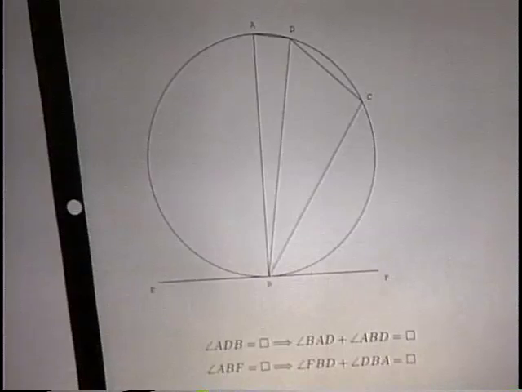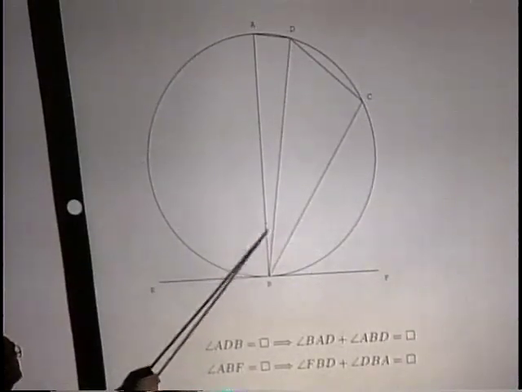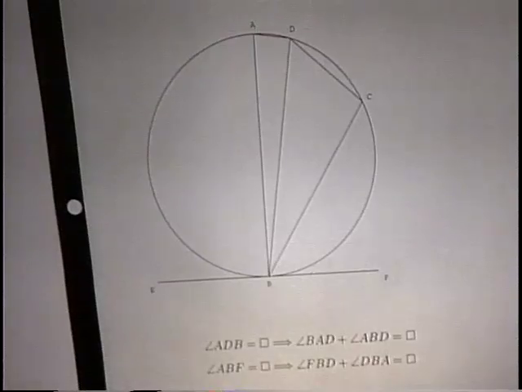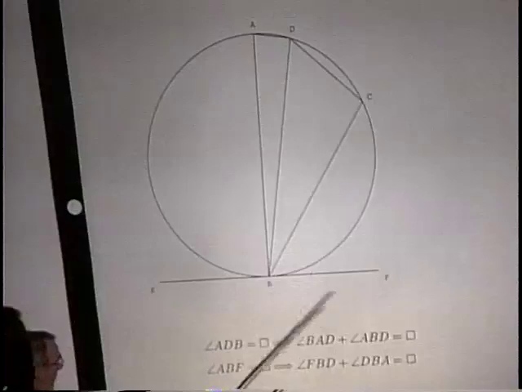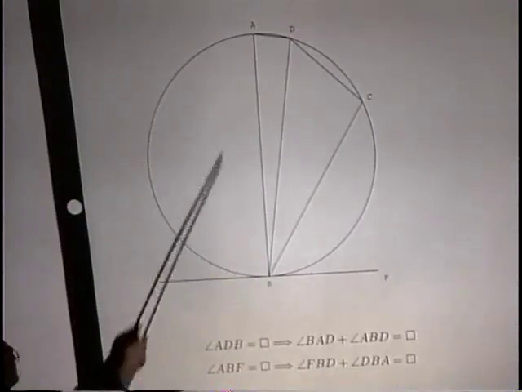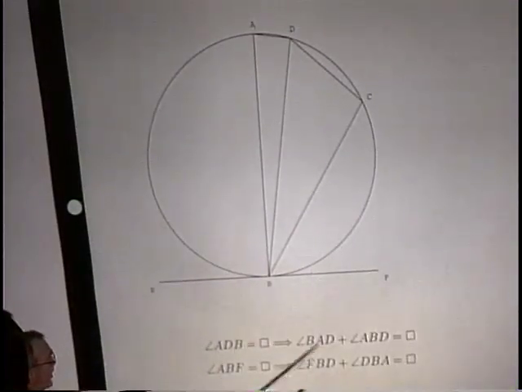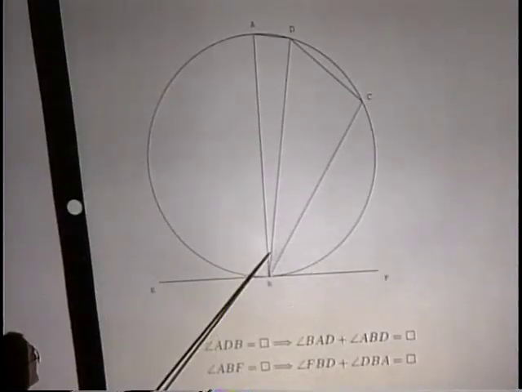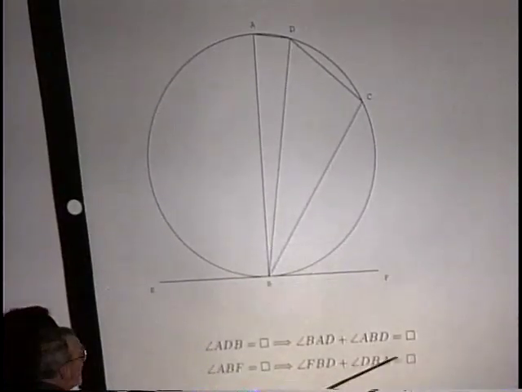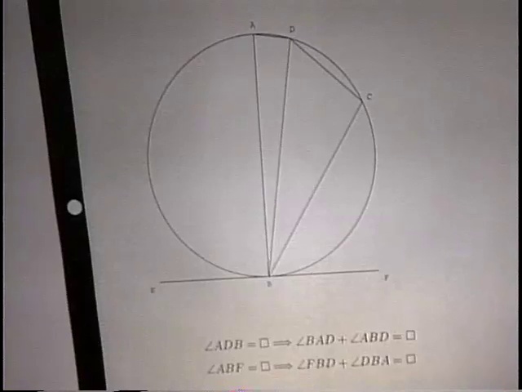But angle ADB is a right angle, and since the angle ADB plus the sum of the two other angles of the triangle is two right angles, what's left over is one right angle. So BAD, this angle, ABD, this angle, their sum is a right angle. Right?